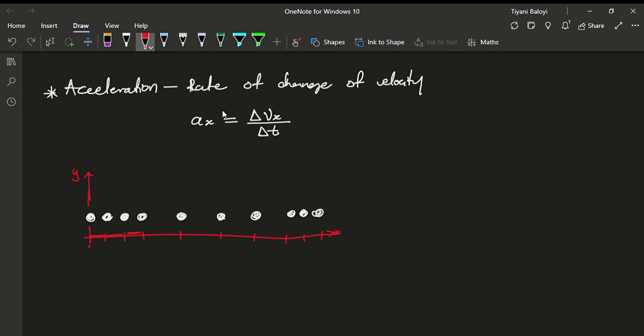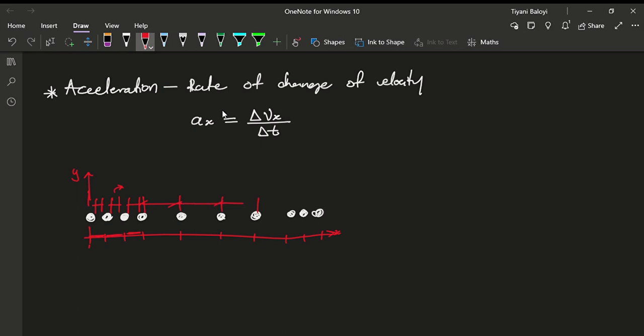But we also say that the change in displacement over the change in time gives us velocity. When they are closely packed like this, it means that the velocity is very high, right? So the change is very high, right? And then when they space out like this, it means that the velocity here is higher than the velocity between this one.